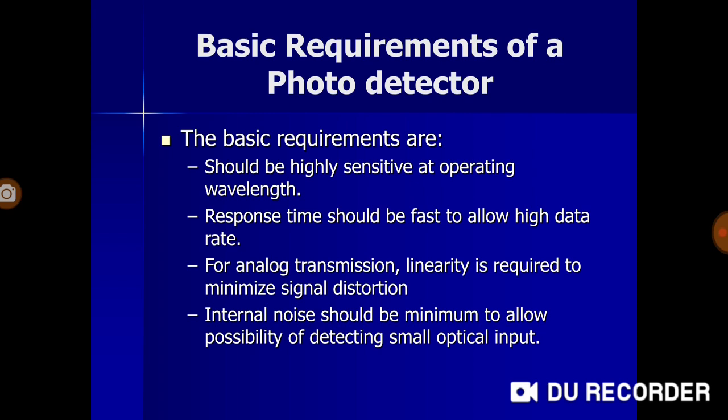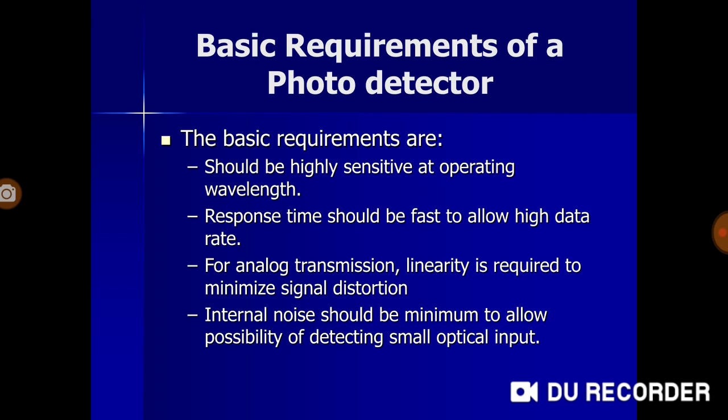This we have discussed in earlier video lectures also. For analog transmission, linearity is required because non-linearity results in distortion and the original signal cannot be extracted. And the fourth requirement is that internal noise should be minimal to allow detection of a small optical current input.